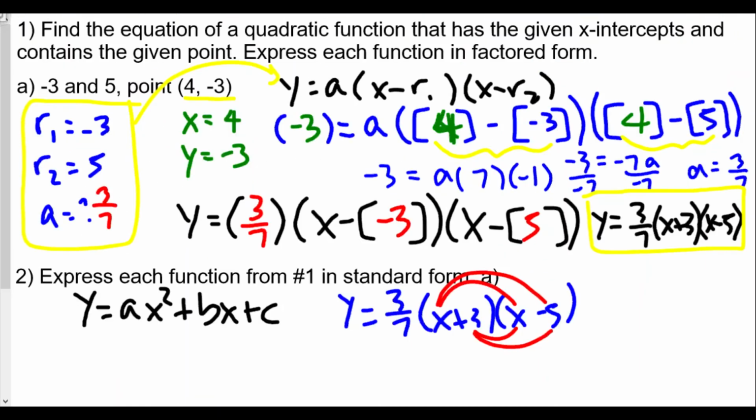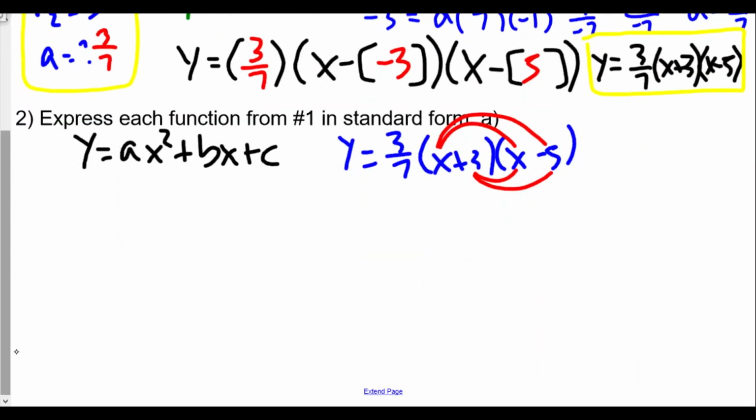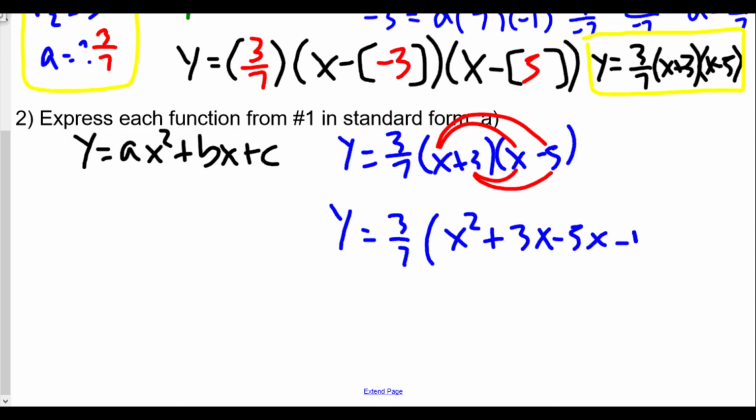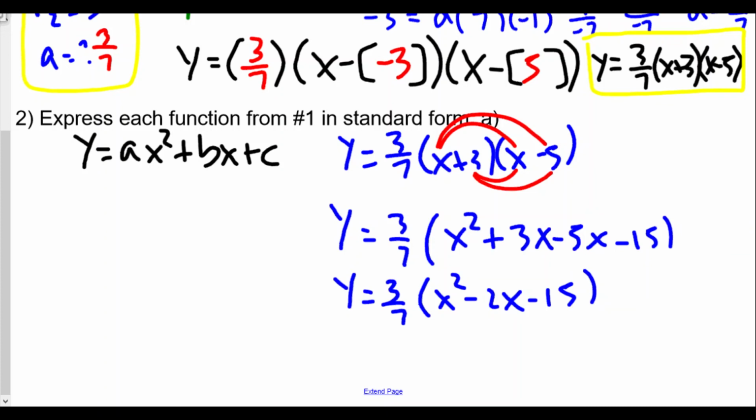And so now we have y equals 3 over 7 times (x squared plus 3x minus 5x minus 15), or y equals 3 over 7 times (x squared minus 2x minus 15). But now we'll distribute the 3 sevenths to each term here.